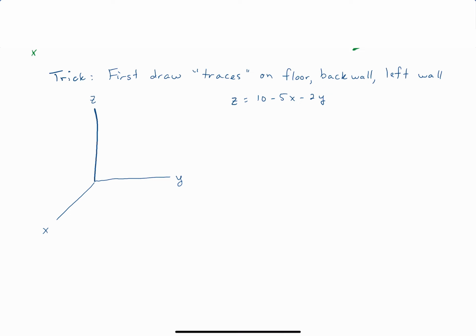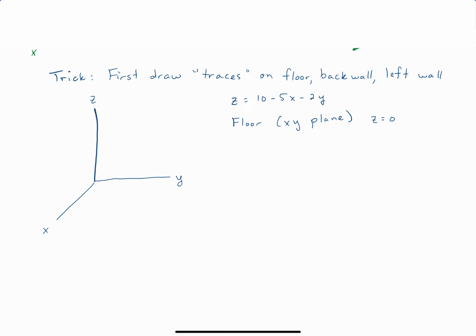So, for example, if we look at the floor, which is my name for the xy plane, the plane we're trying to graph is going to cut through the floor in some way. How can we figure out how it's cutting through? Well, on the xy plane, your z coordinate will be 0, because z tells you how far up and down you are from the floor.